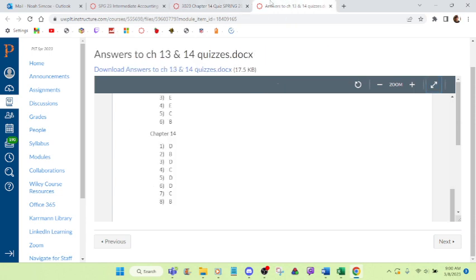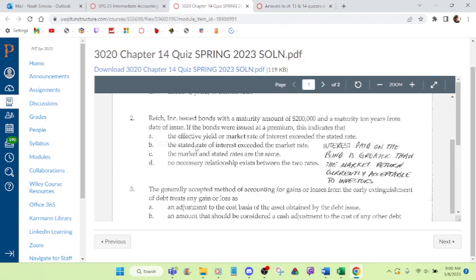The answer for 2 is B. Yes, I was correct. Interest paid on the bond is greater than the market return currently acceptable to investors. That's just the same thing stated in a different way. But the reason, if a bond is issued at a premium, I had to logic my way through it.